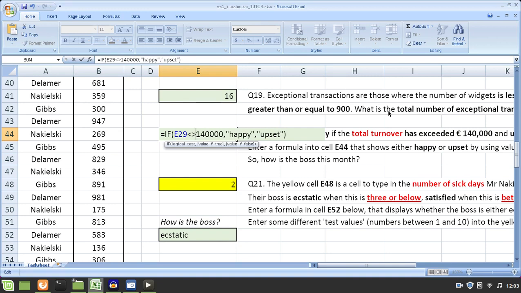Now the not equals symbol is the one that nobody knows about, but it exists, and there's nothing wrong with putting that in there. But we need greater than because we use the word exceed. So if E29 exceeds 140,000, the boss is happy, otherwise the boss is upset.